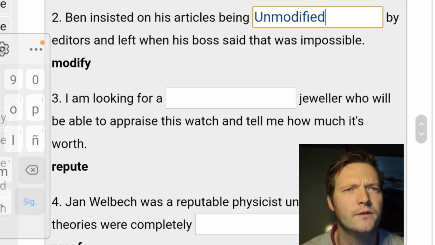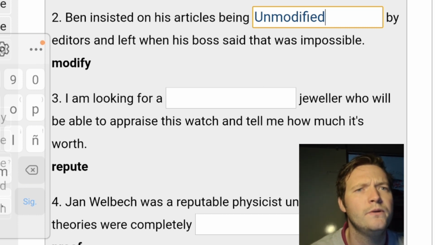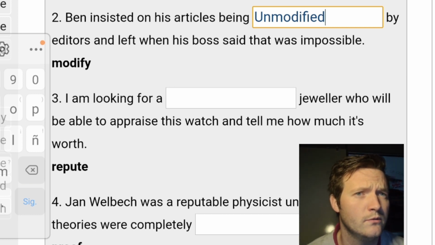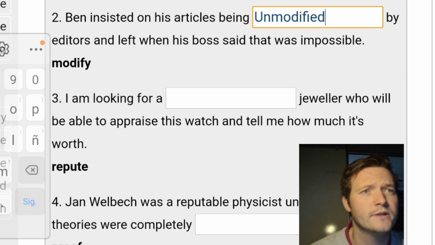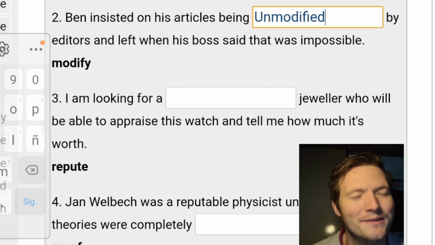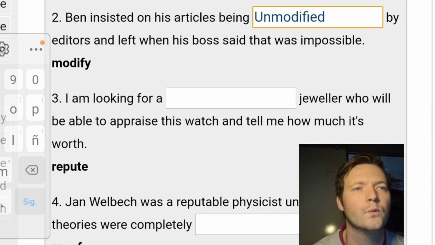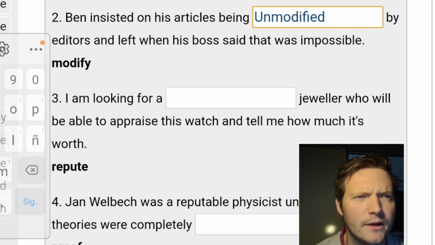Okay, number 3. Let's have a look. I am looking for a repute jeweler, who will be able to appraise this watch and tell me how much it is worth. To appraise, to evaluate, to assess, to have a look at this watch and tell me how much it is worth.